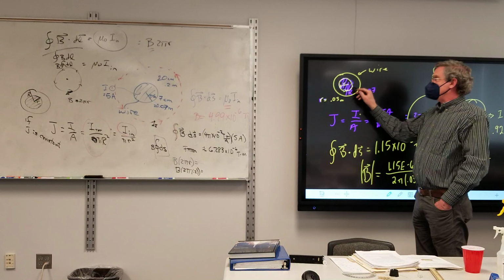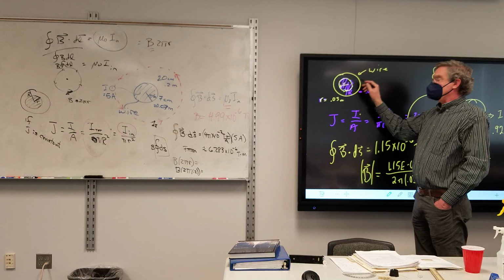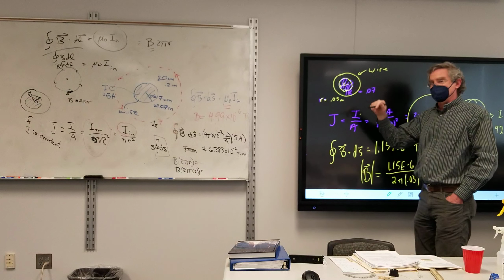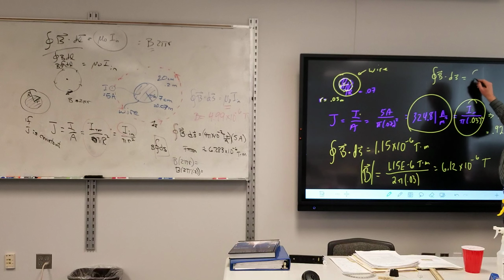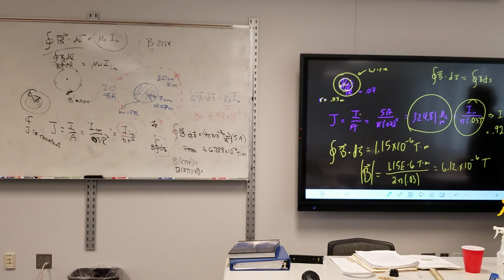My magnetic field is in the same direction no matter where I am. My ds and my B are in the same direction. So from the dot product point of view, it's the integral of just B ds, because the angle between them is 0 no matter where you are. B is a constant. Because of symmetry, this B is the magnetic field strength. There's no reason for it to be different in one spot or another.